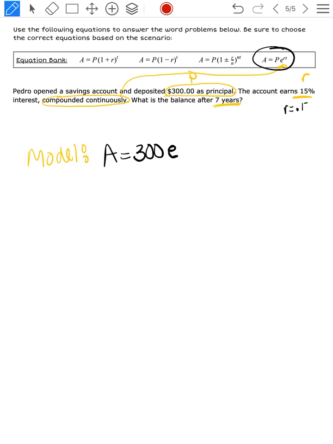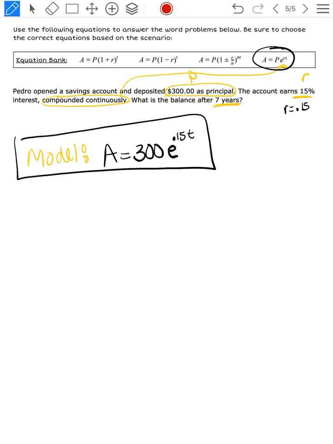My rate is 0.15 for 15%, so 0.15 T. And then now I'm going to evaluate, so 300 times E, this is 0.15 times 7. So I like to do that part first. So 0.15 times 7 is going to get me 1.05.